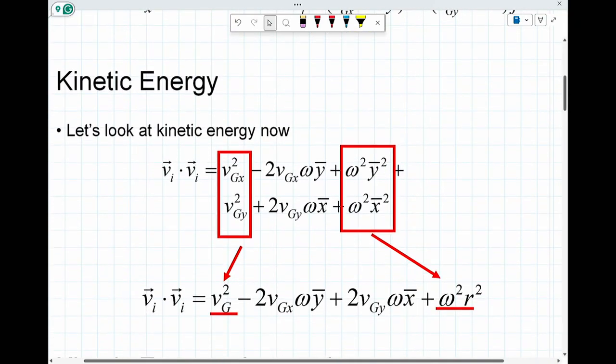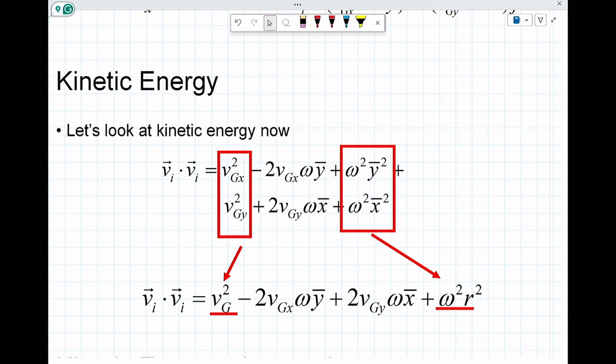Now, if it's at an arbitrary point and you're doing everything relative to it, you can say, well, v_gx squared minus twice v_gx omega y bar, plus v_gy squared plus twice v_gy omega x bar, and omega squared x bar squared. And if you add up y bar squared and x bar squared, you get r squared, so that's omega squared r squared.